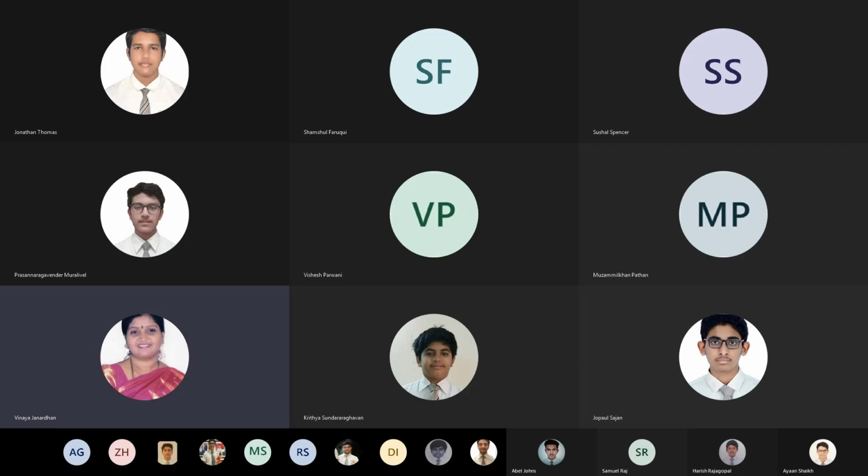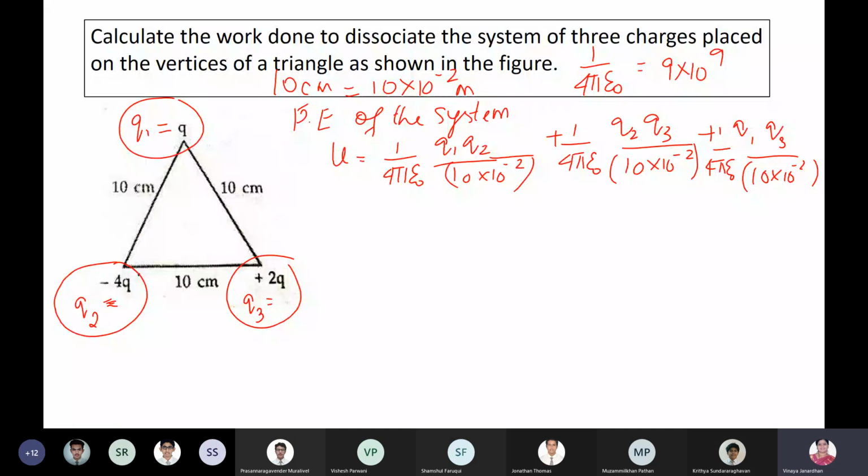I can take U is equal to 1 by 4 pi epsilon naught into... What is the other common term I can take from the denominator?